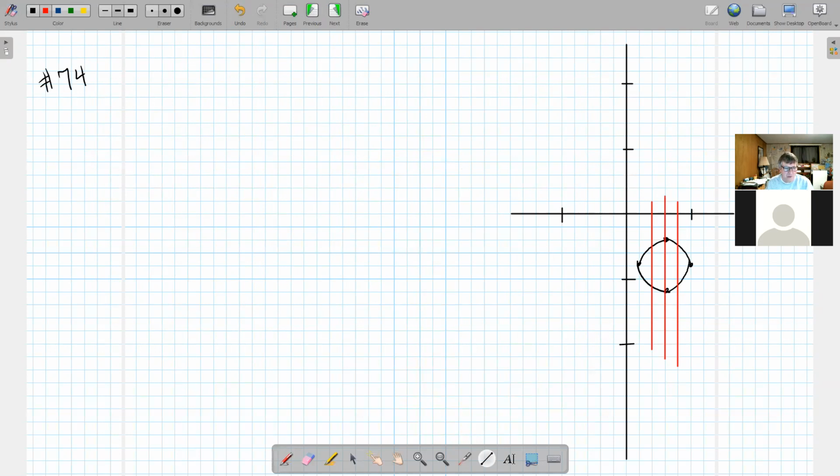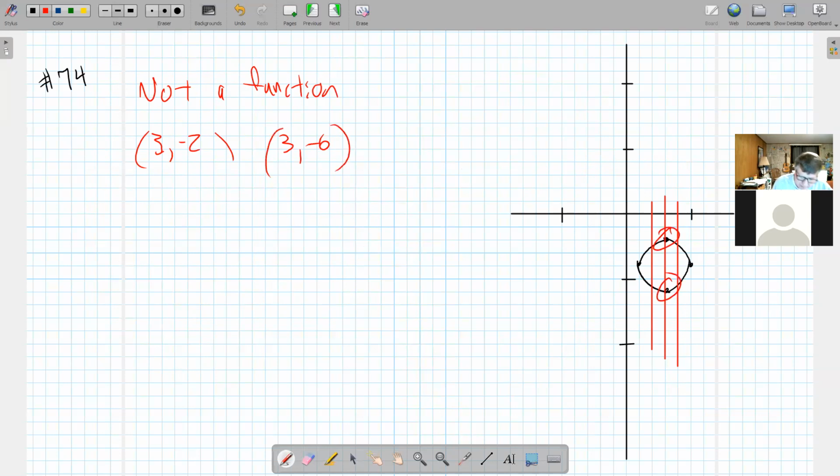So this is not a function. And an example would be the ordered pairs 3, -2, and 3, -6. In other words, these two points show that it is not a function.